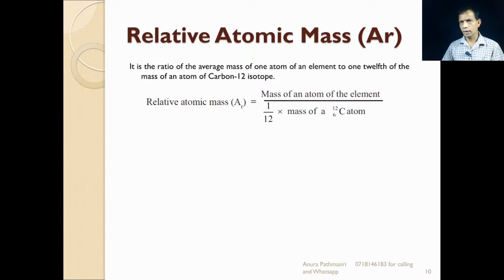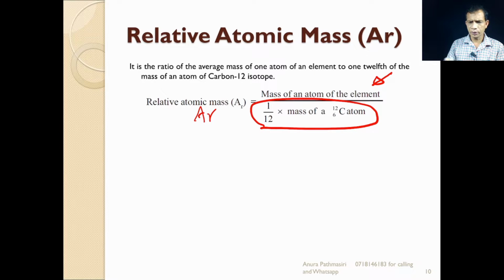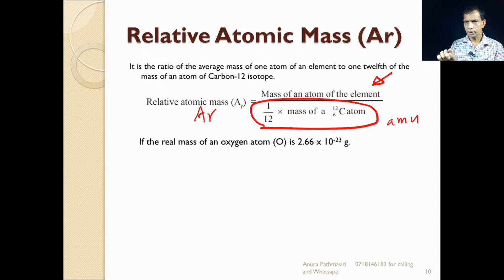Again, to highlight that, relative atomic mass, we say Ar: take the mass of an atom of the element, then divide by 1/12 the mass of a C-12 carbon atom, or AMU, atomic mass unit. Then you will get the relative atomic mass, or Ar.